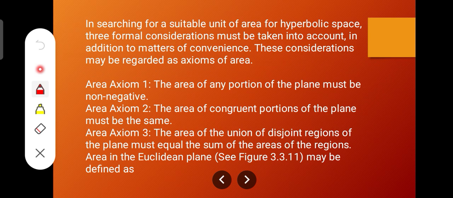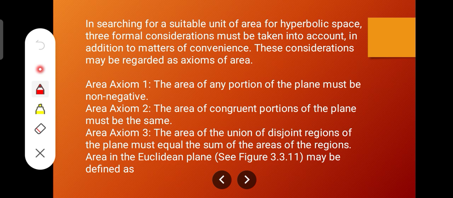In searching for a suitable unit of area for hyperbolic space, since we cannot use unit squares because there are no squares in hyperbolic space, three formal considerations must be taken into account, in addition to matters of convenience. These considerations may be regarded as axioms of area.